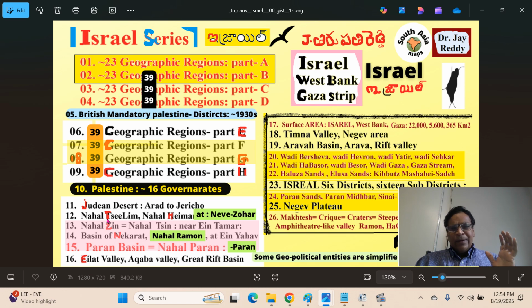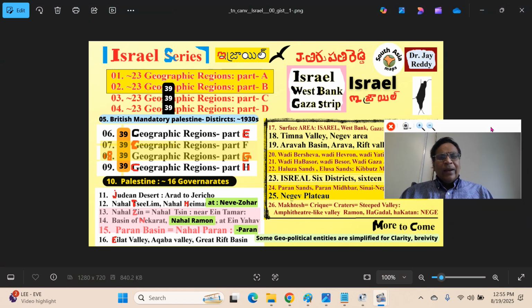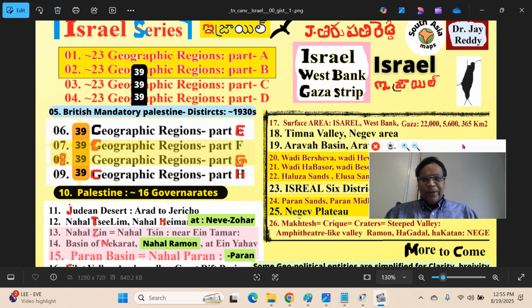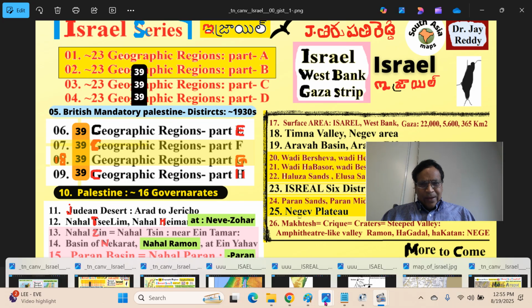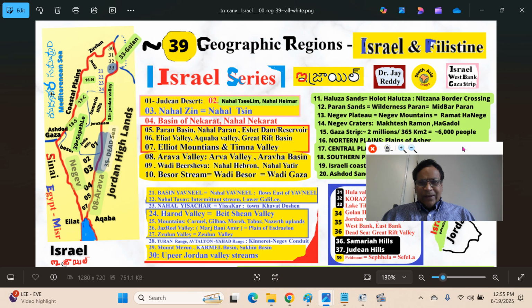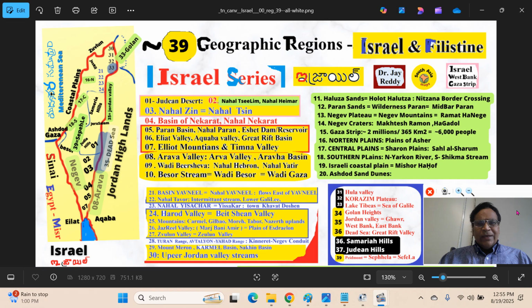I clubbed Nahal Tseelim, Nahal Heimar, and those wadi or Nahal regions in one place. We'll talk about them. For your benefit, I am showing a picture where I have delineated all these 39 or 40 or so physiographic, geographic regions.